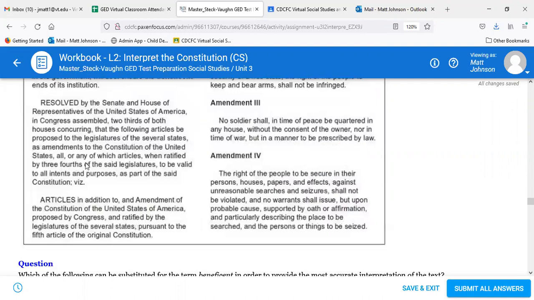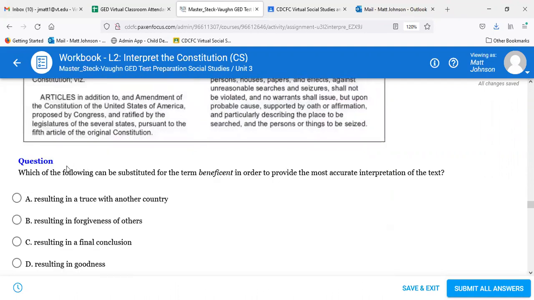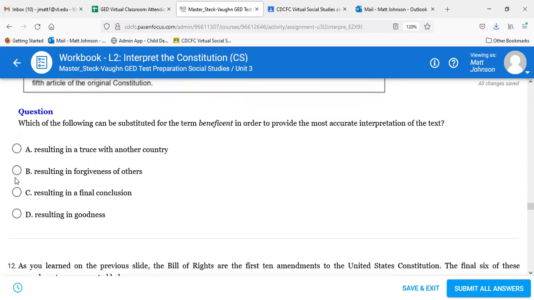Is it 11? Yeah. Which of the following can be substituted for the term benefit in order to provide the most accurate interpretation of the text? A, resulting in a truce with another country. B, resulting in forgiveness of others. C, resulting in a final conclusion.